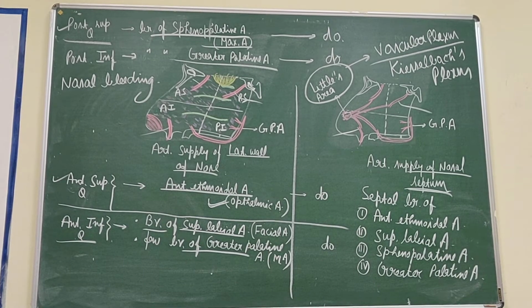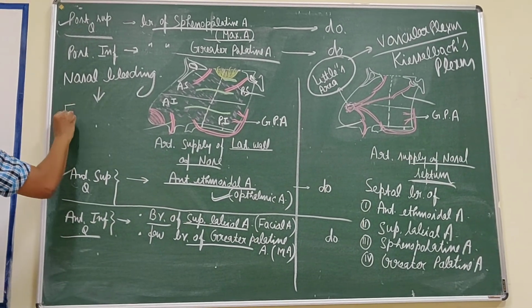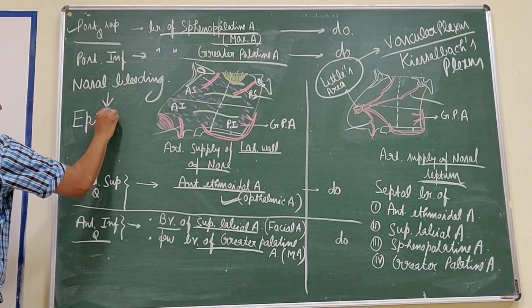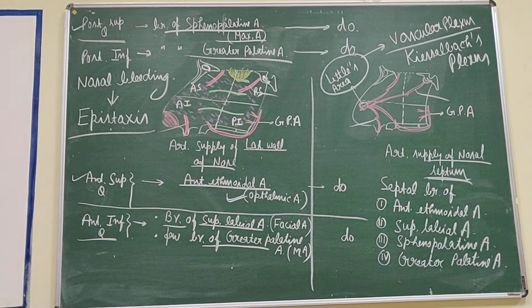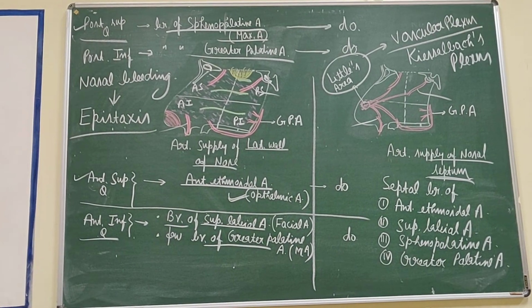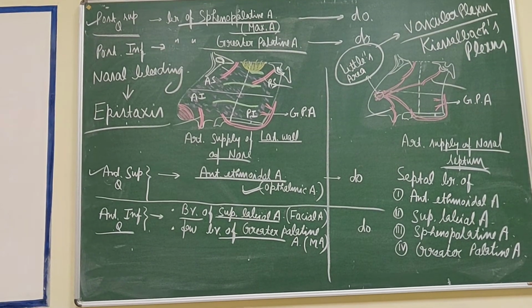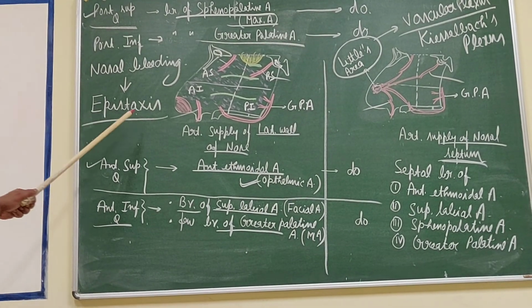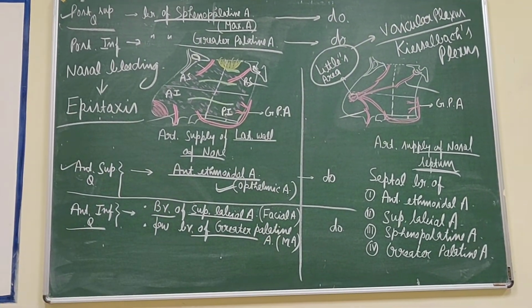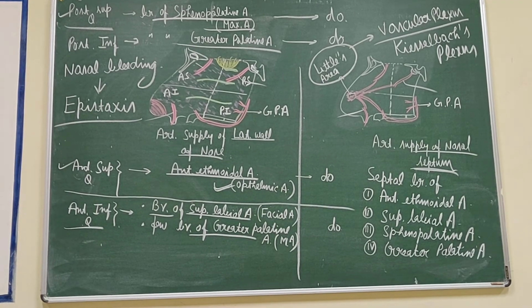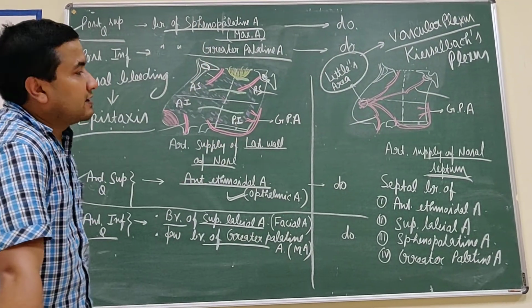Bleeding from the nose is known as epistaxis. This epistaxis is due to fingernail injury, and this results in severe bleeding, most common in children and adults. This highly vascular region is known as Little's area.